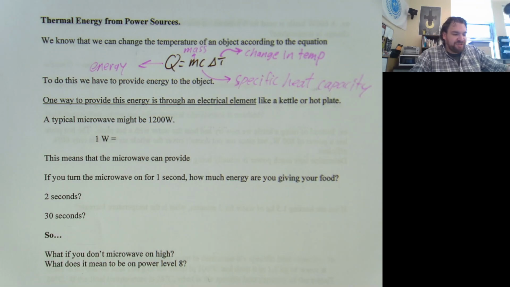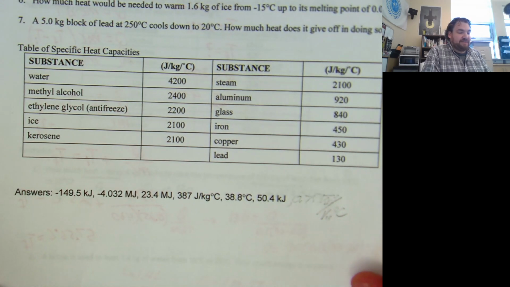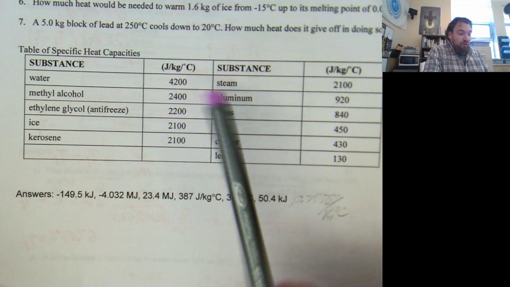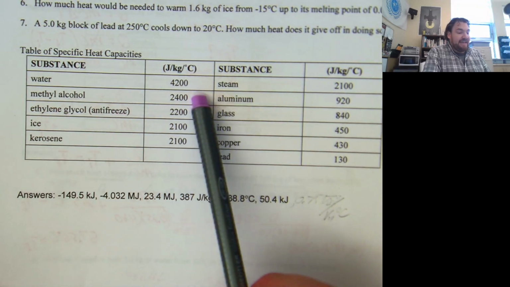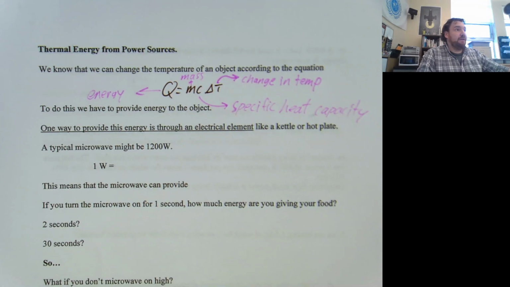There are some interesting implications with some of this stuff that you will see should you go off into chemistry. If you go back and look at the specific heat capacity table, water has a huge specific heat capacity. Alcohol, or methyl alcohol specifically, is almost half the specific heat capacity of water.